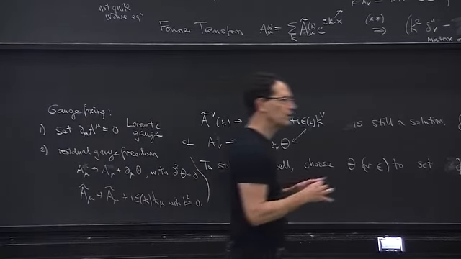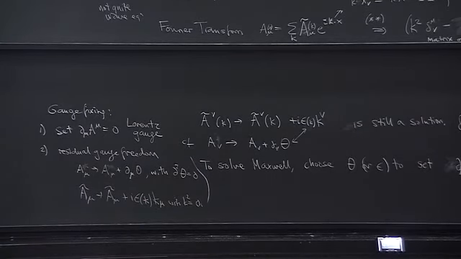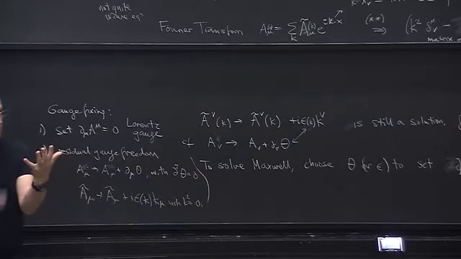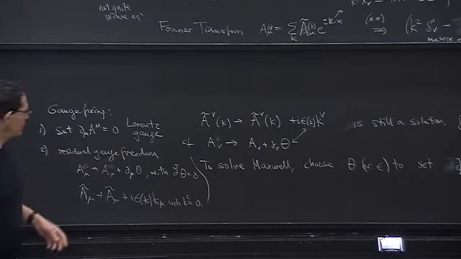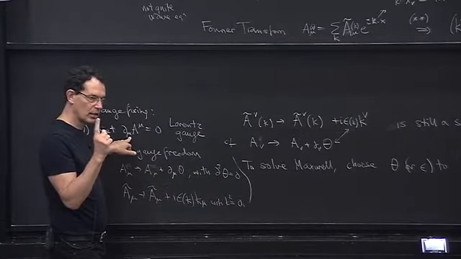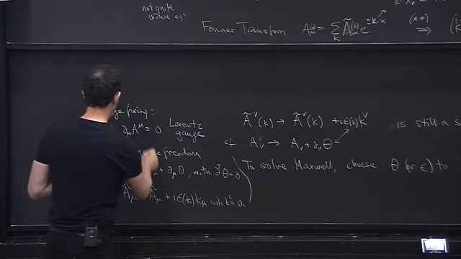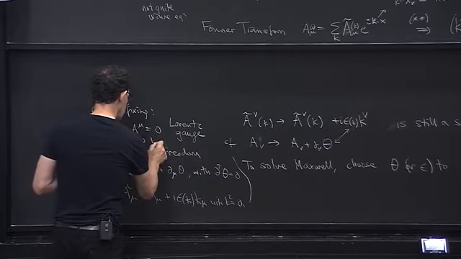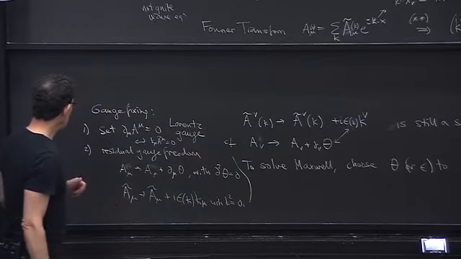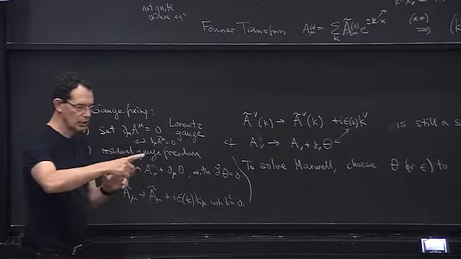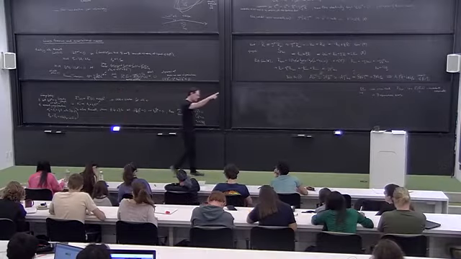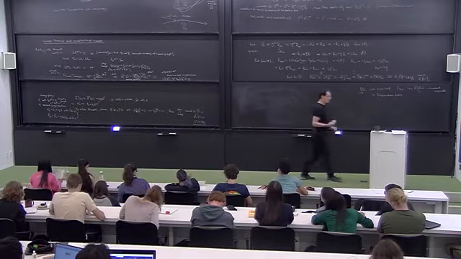So what you see is this gauge freedom actually allows you to set two things to 0. You've got 4 components of the vector potential, 0, 1, 2, 3. One of them is set to 0 in this condition. That's a single algebraic condition on a twiddle. That's the k mu a twiddle equals 0. But you still have a residual gauge freedom, which you can use to set another component of A to 0. The component along the k vector can be set to 0.